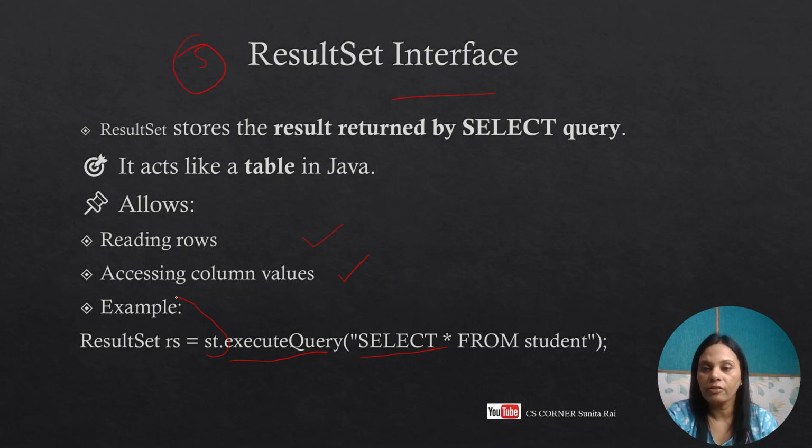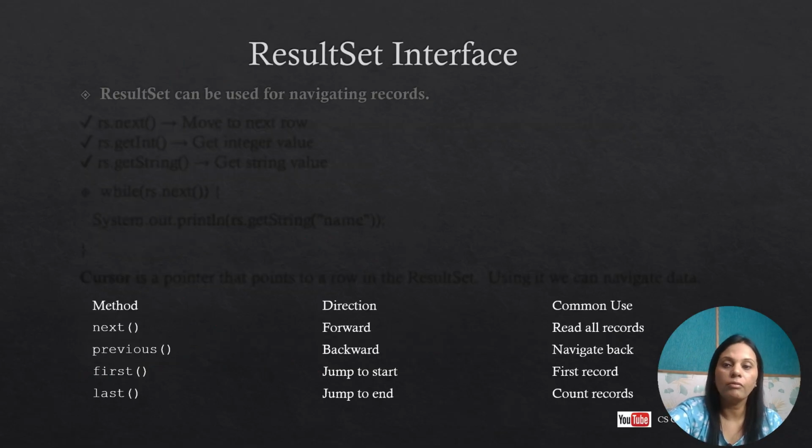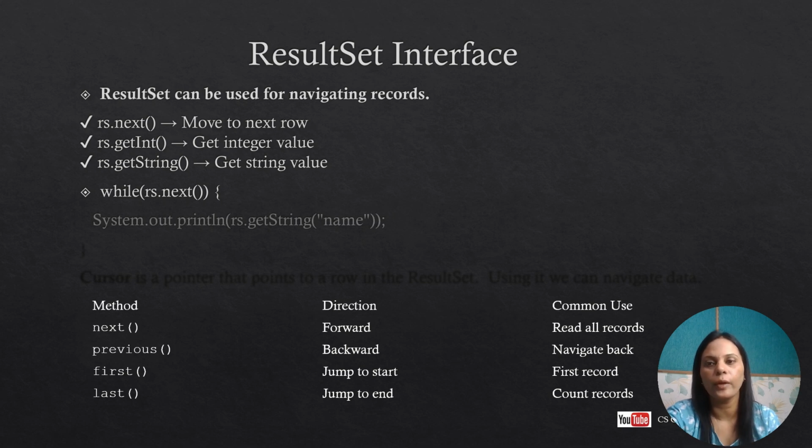Whatever the result is, that will be stored in my result set variable. So this returns a result set, because here the value will be nothing but rows and columns. And for storing rows and columns, we can't use the string data type. So result set is used for storing the result of a select query, and the method we use is execute query. So till now we have understood three methods: execute, execute update, and execute query.